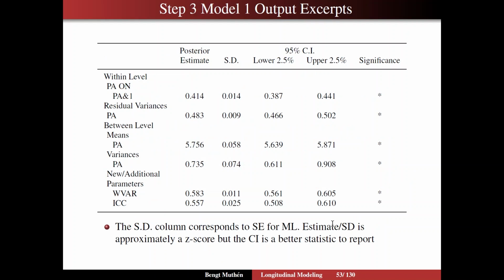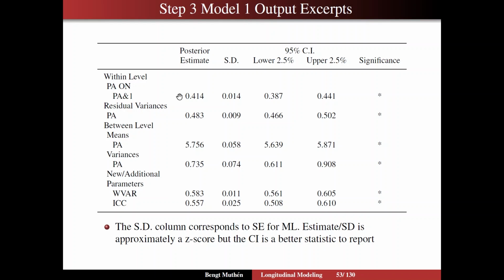So here then finally we have the output excerpts for model 1 in this DSEM step 3. You have the within level results and the between level results. And on the within level you have the autoregressive coefficient here, 0.4.